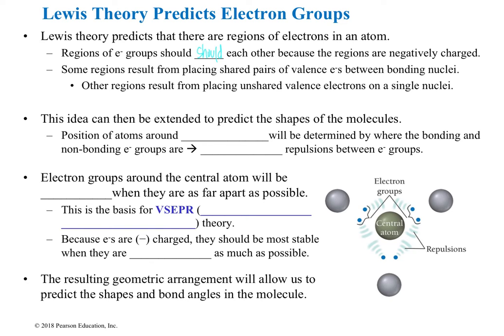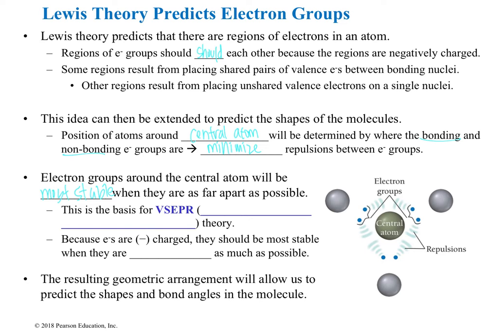So we'll be thinking about the position of the atoms around the central atom with relationship to bonding and non-bonding electron groups, and we're going to minimize the repulsion by maximizing their separation. So electron groups are going to be most stable when they can get as far apart as possible.